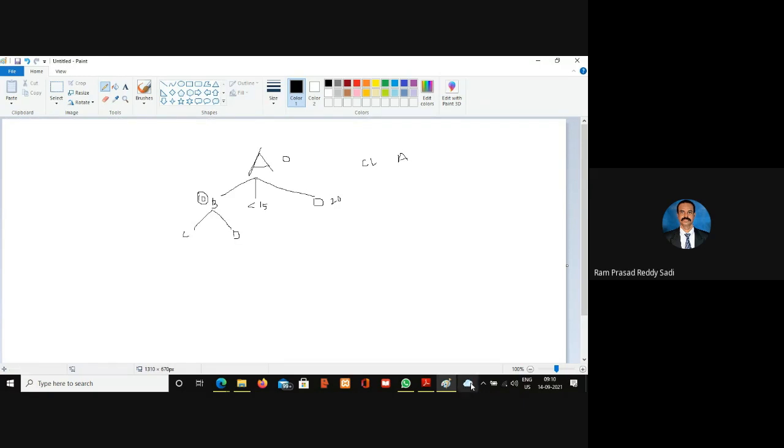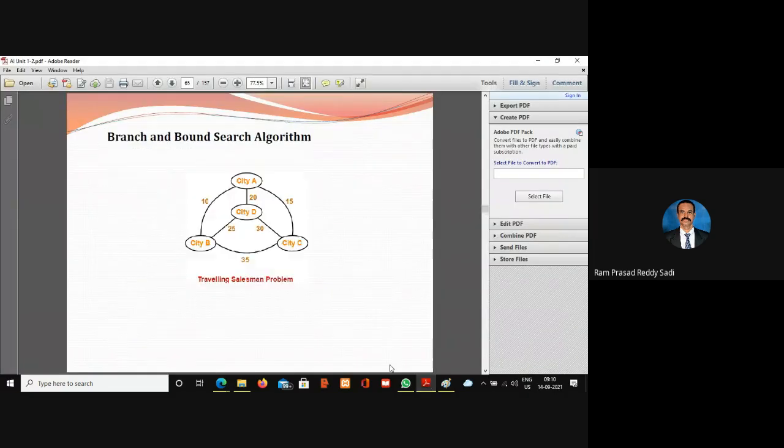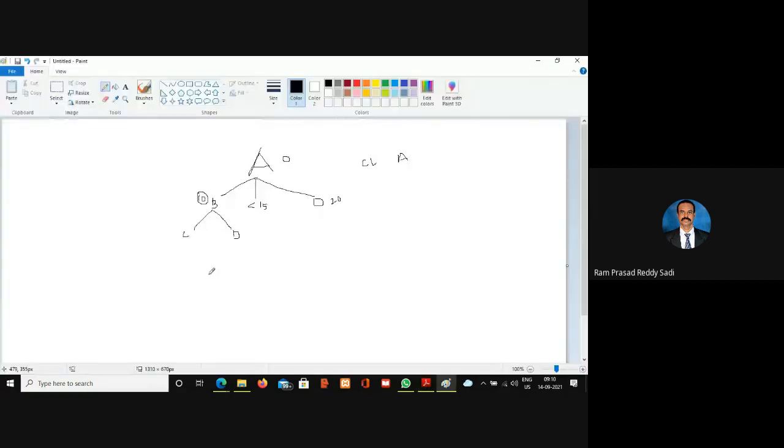Up to this position, we already know it's 10. Now, from B to C, what's the length? It is 35. So what will be the total length for reaching C? It is 10 plus 35, totally 45. So the heuristic value for this would be 45.